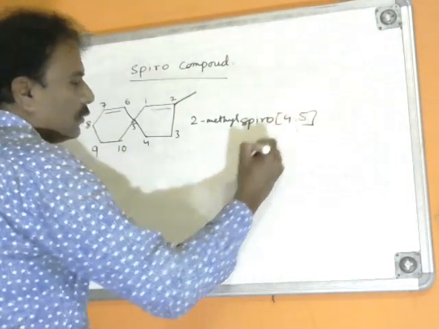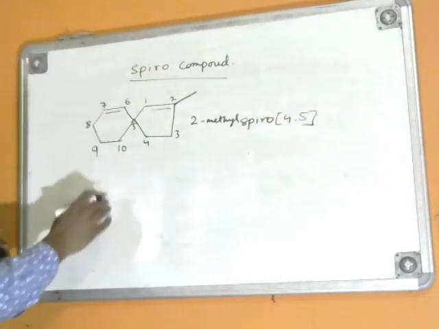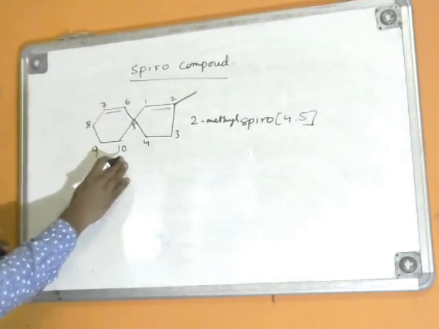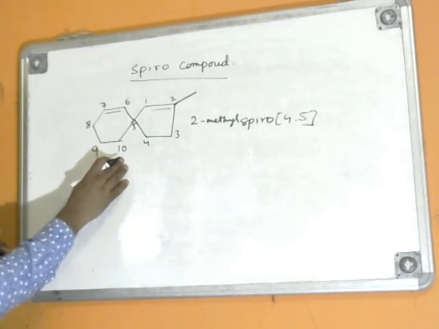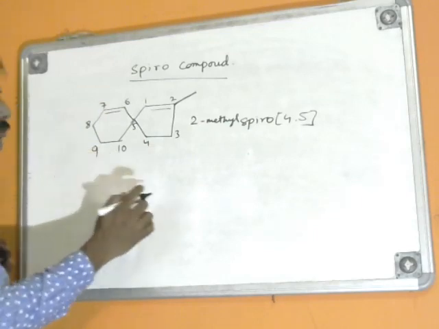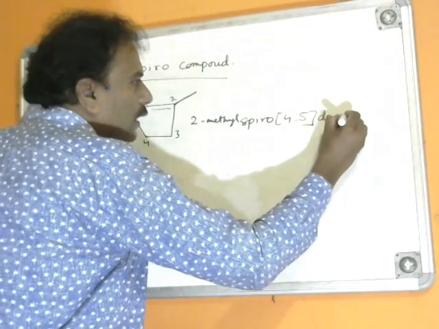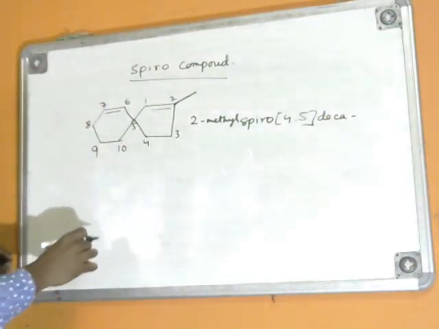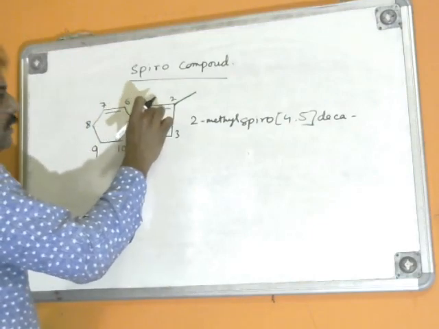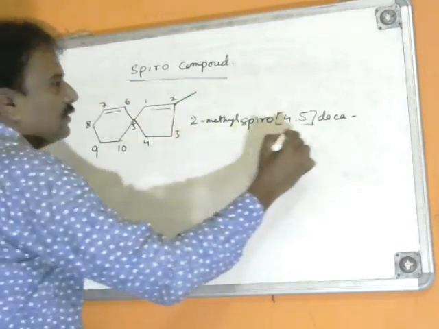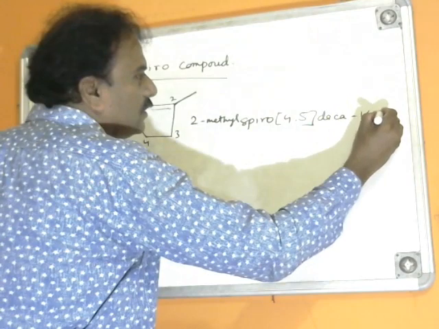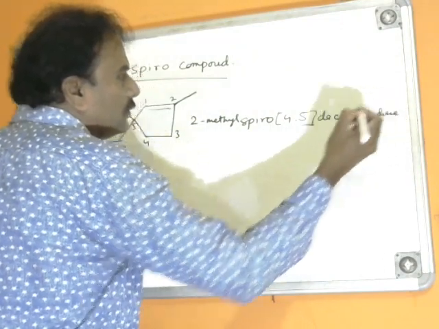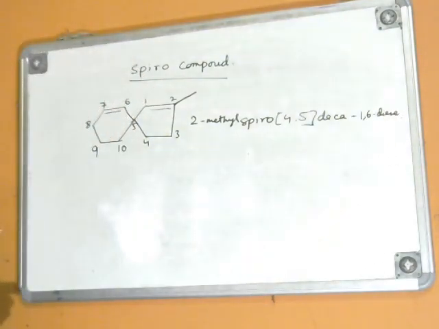So 5. How many carbons originally in the compound? 10 carbon. So decane. So deca. But there are 2 enes. Okay, in 1 position there is an ene and in 6 position there is an ene. So 1,6-diene. That will be the name of the compound.